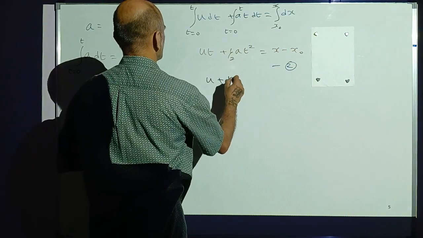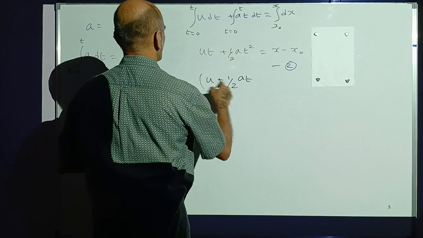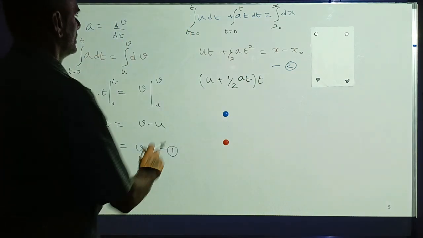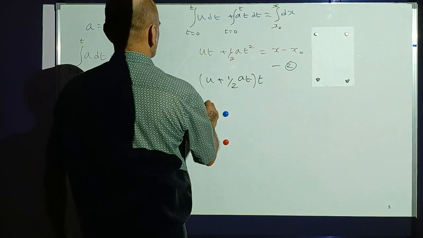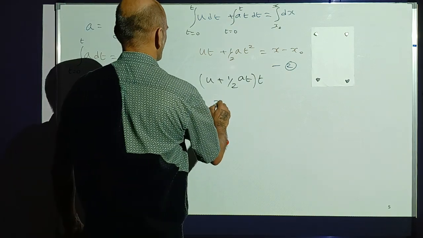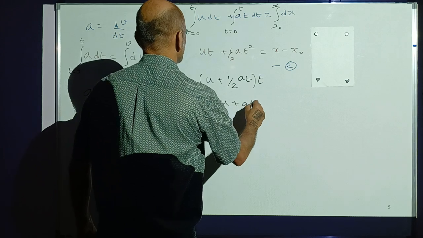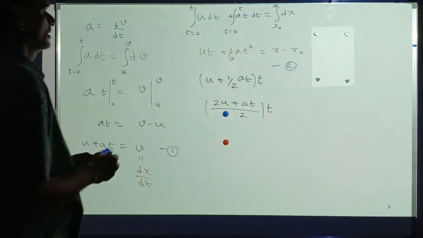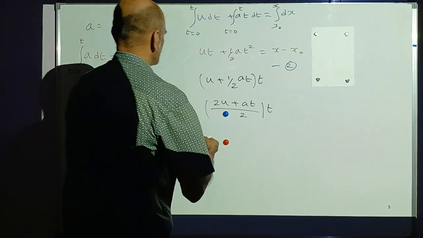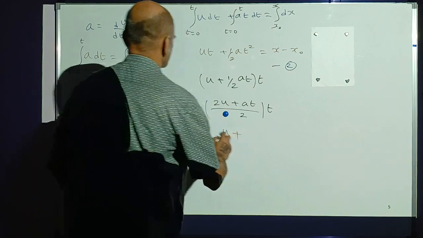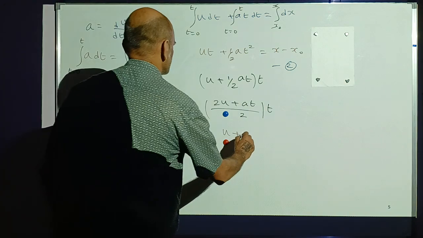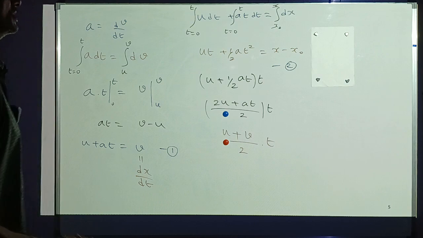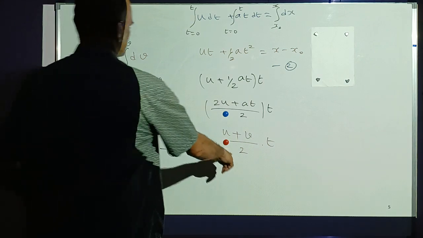So u plus half at into t, and then 2u plus at by 2 into t, and one u I'll keep like this as u, and the second u plus at I can write as v by 2 into t. So displacement also given as average velocity, that's u plus v by 2 into time.